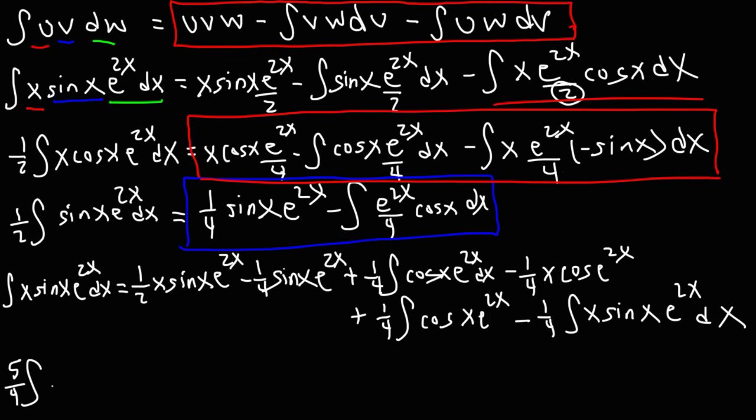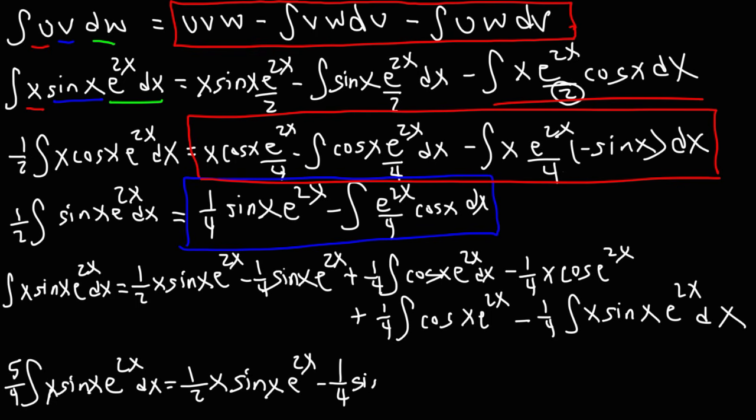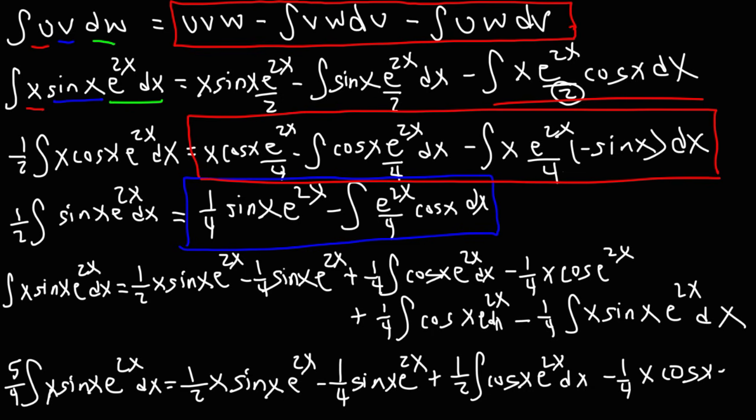So 5 over 4 integral x sine x e to the 2x dx is going to equal 1/2 x sine x e to the 2x minus 1/4 sine x e to the 2x. 1/4 plus 1/4 is 1/2, so plus 1/2 integral cosine x e to the 2x dx, and then minus 1/4 x cosine x e to the 2x.